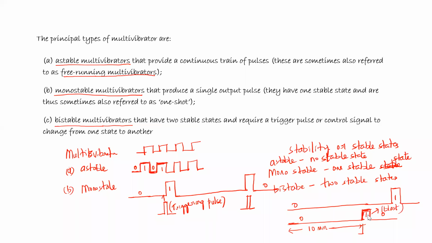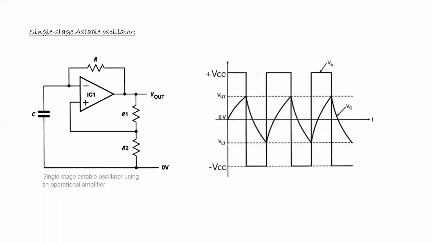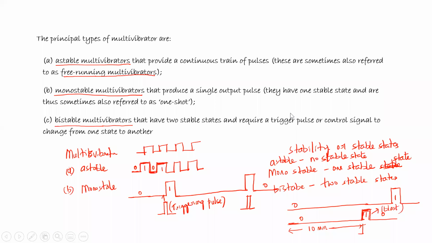How long it will spend at 1 is designed by using an RC circuit. In this circuit we have this R and C, right? So this R and C will decide how long it will stay at 1. If it becomes 1, how long it will stay at 1 can be designed by using RC values, so that we design in the circuit.